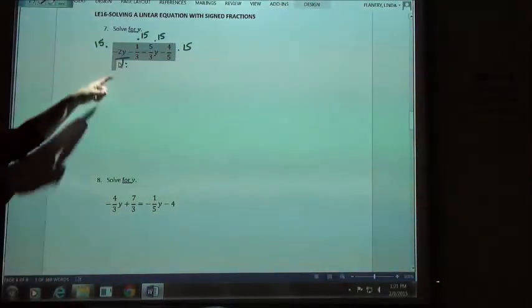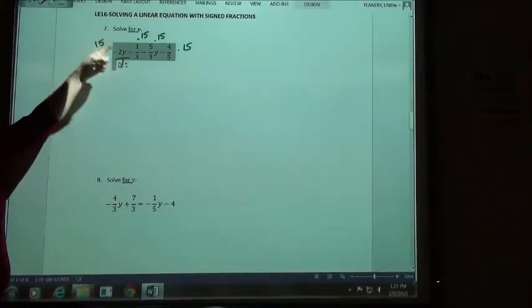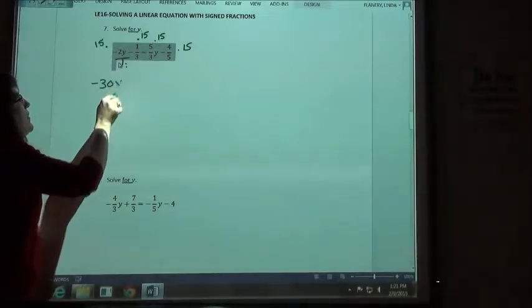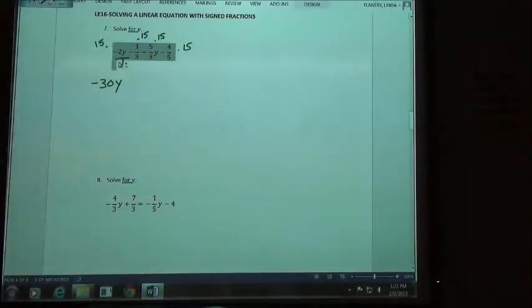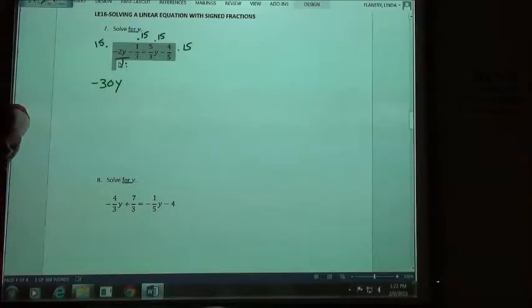So what we're thinking about here is that 1 goes into 15 15 times. 15 times negative 2y would be negative 30y. We can't do any canceling because 1 goes into it the whole number of times.